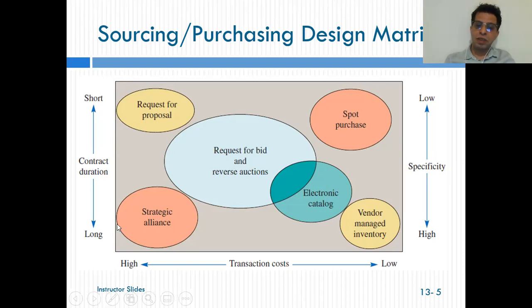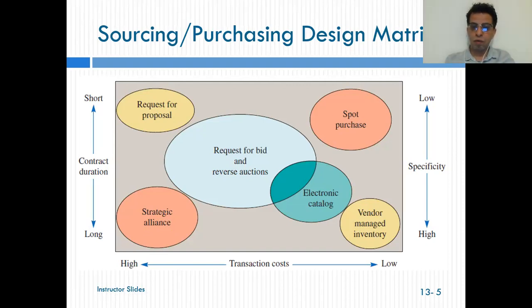You do a strategic alliance when the contract duration is very long and the cost is very high. So you have to do a strategic alliance. But you might have a very specific product that not everybody is providing.